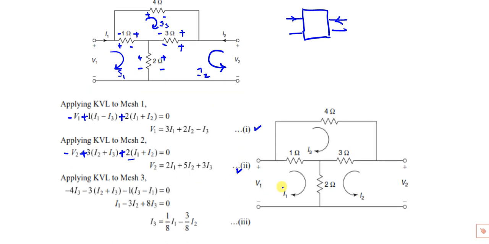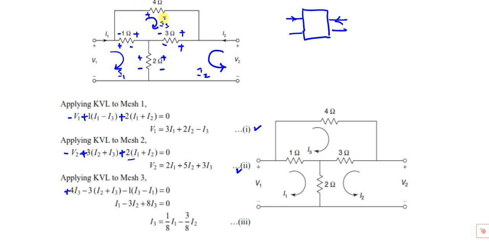If I write KVL for this mesh 3, you can see, start from here. This is another notation. I told you, if you get the opposite sign, multiply throughout by negative. So this becomes plus.